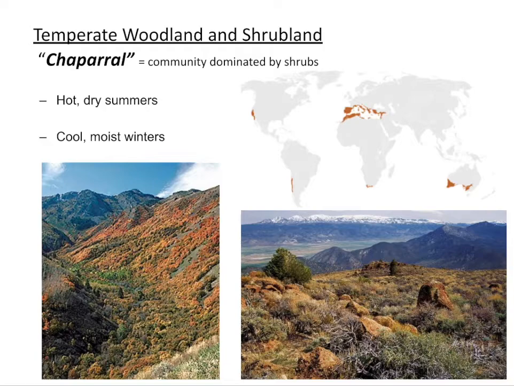And we have the chaparral. We have the temperate woodland shrublands. Chaparral community dominated by shrubs. These have hot, dry summers and cool, moist winters.